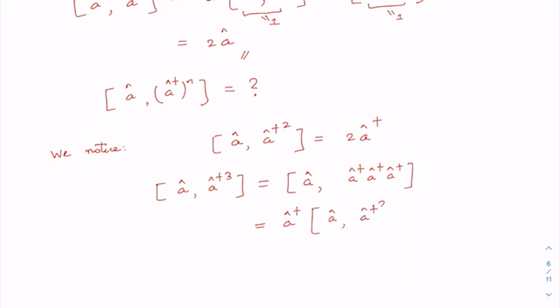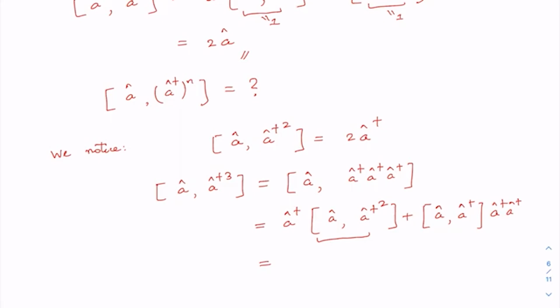This one I can write as [a, a†] a†² plus a† [a, a†²], and already we have worked it out, and this guy is 2a†.